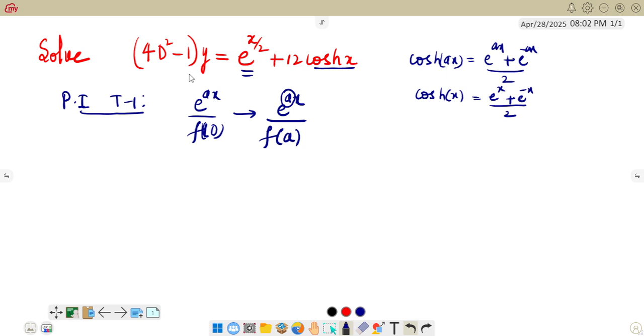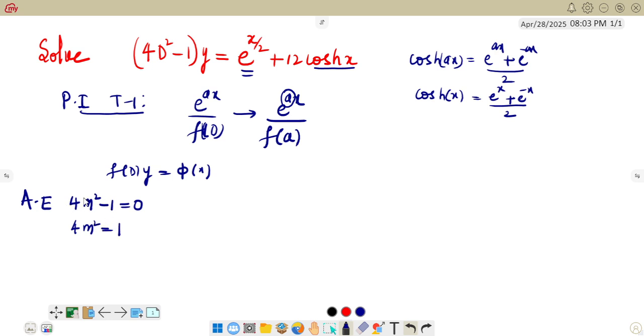So let us solve this equation. It is already in the standard form: function of D into y is equal to phi of x. Let us write the auxiliary equation, students. The auxiliary equation is 4m square minus 1 equal to 0, then 4m square equal to 1.